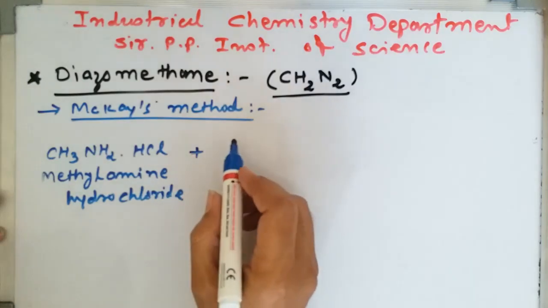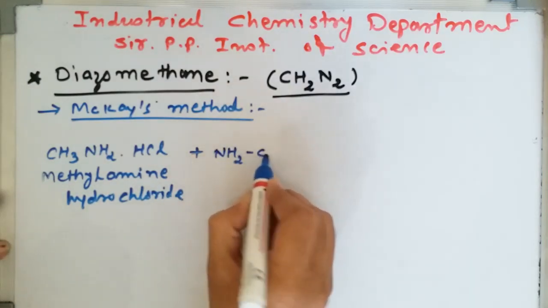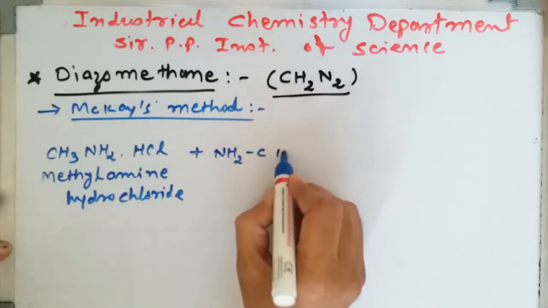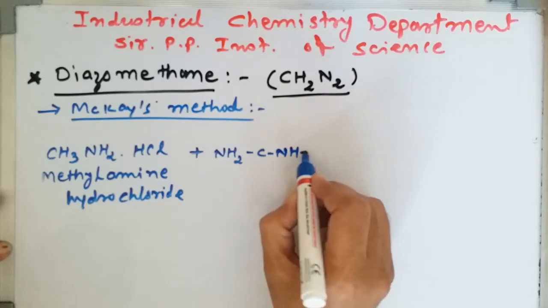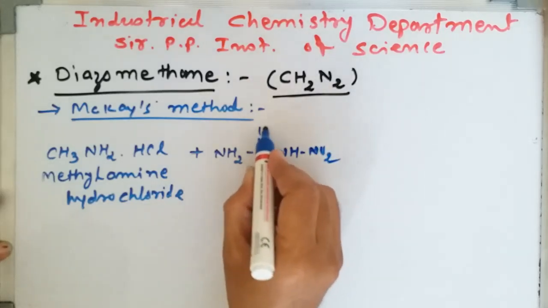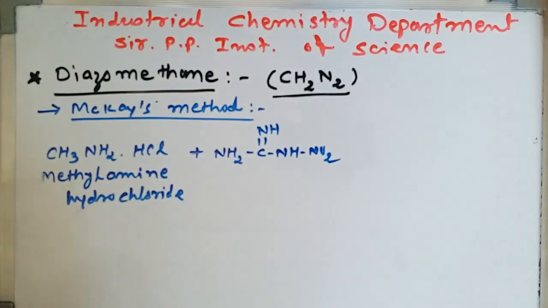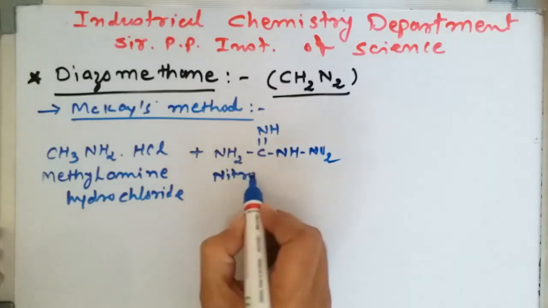I write down nitroguanidine: NH2C(NH)NHNO2.